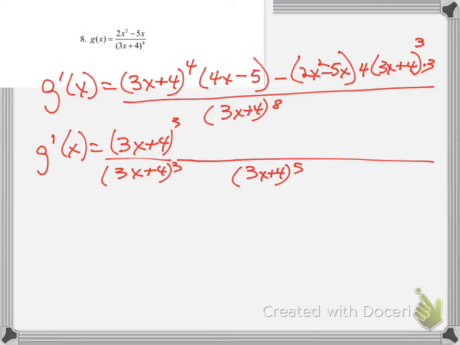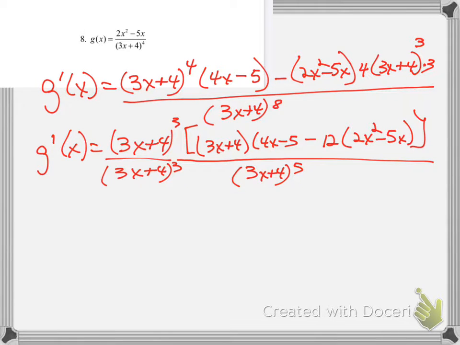And the top, I have the 3rd power. I need one more power. So 3x plus 4. And then I still need the 4x minus 5. Okay, then I need 4 times 3 is 12 times 2x squared minus 5x.